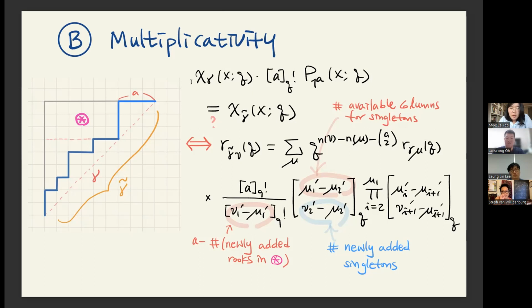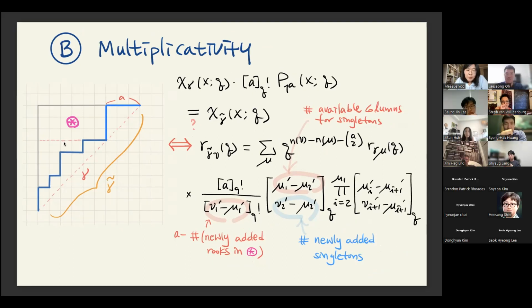And the result of this product is equivalent to this recurrence relation of the root polynomial. And the result can be expressed in this way, and all the terms can be explained in terms of the extension of the root placement over this gamma picture to the larger picture, and then the cancellation rules of the root cancellation.